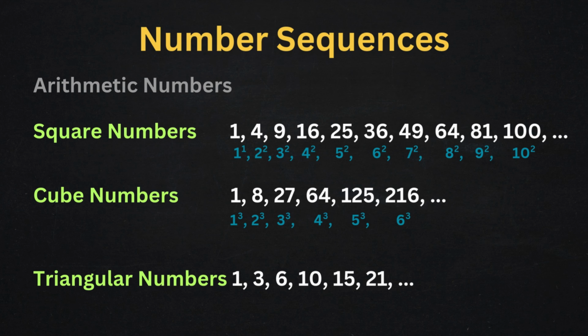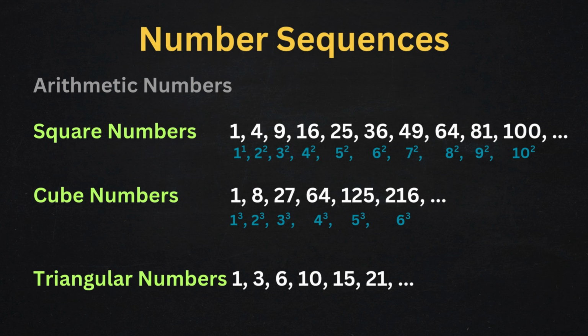Square numbers are 1, 4, 9, 16, 25, 36, 64, 81, and 100, and so on. You should at least know the first 4 by heart, so that you can instantly recognize them when they appear, because identification is key in such questions.